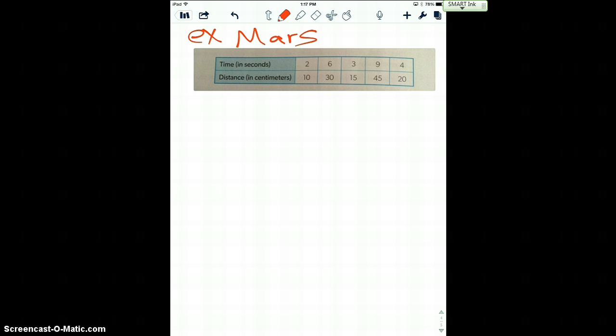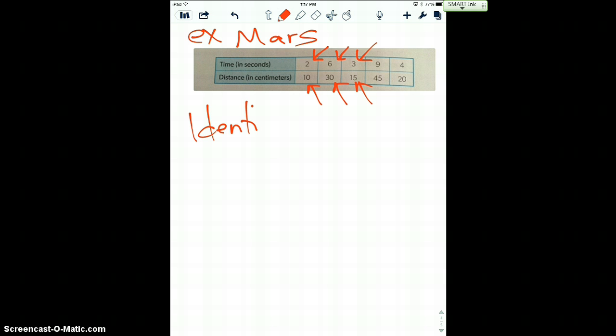So the rover traveled 2 seconds and it went 10 centimeters. Traveled 6 seconds, went 30 centimeters. Traveled 3 seconds, went 15 centimeters, and so forth. Identify and interpret the constant of proportionality for this situation.